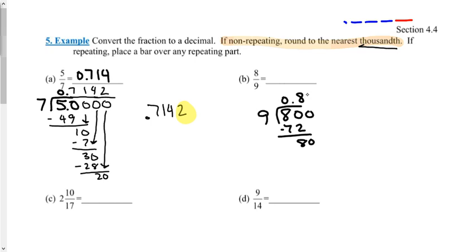So right now, I actually know this is going to be a repeating decimal, because I'm actually doing the same thing. This 80 is the same, right? I mean, we can keep going with this if you really need to prove it to yourself. We can keep going, but we don't need to, because we have that 80 that's just repeating over and over again. So this would be 0.8 bar.